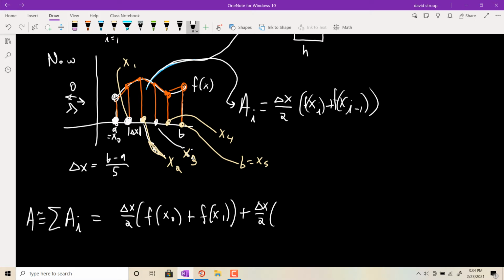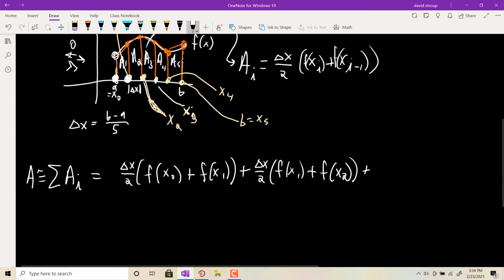Then when you go to the next trapezoid, the left is x sub 1, so you'll have f of x sub 1, and then the right will be f of x sub 2. And then we have a sub 1, a sub 2, and then dot, dot, dot, up to a sub 5.